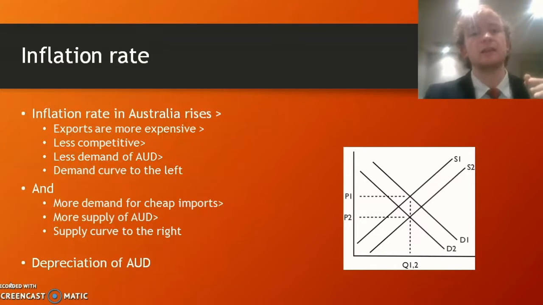The other effect is that there would be an increased demand for cheaper imports, therefore leading to an increased supply of AUD to the market, shifting the supply curve to the right. The net effect of these two processes that come about due to higher inflation of AUD against another currency is a depreciation of the Australian dollar if the other currency has a comparatively lower inflation rate.